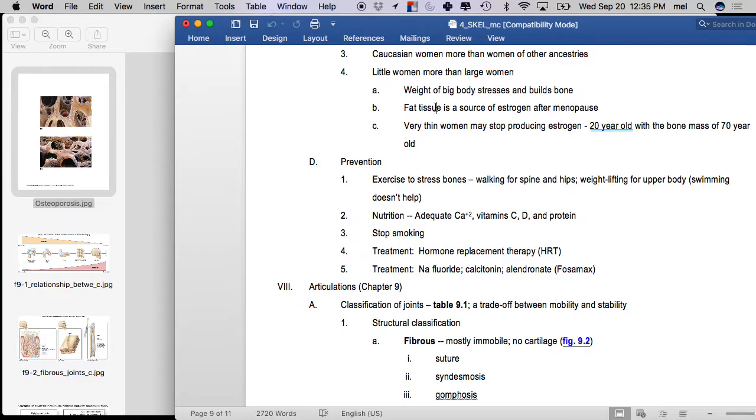And what happens in situations like that is, it'll be put off a little bit if you're an athlete, because you'll contradict what you're doing with weight-bearing activity. But it's really, really bad for your skeletal mass. And have you ever seen what happens to the growth of gymnasts, right? You get so thin that you actually stop producing estrogen, and it'll stunt your growth as well. But if you have a person, for instance, who's anorexic, you can have a 20-year-old with the bones of a 70-year-old.